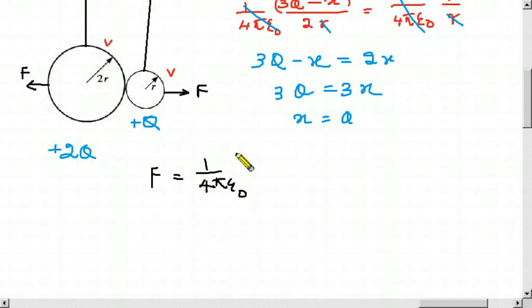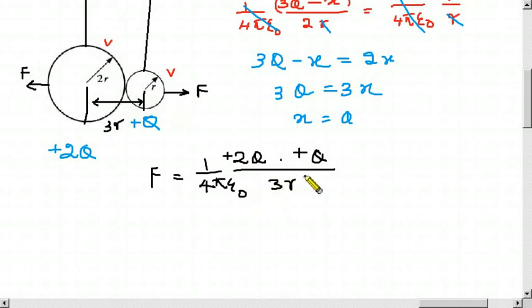Charges are positive 2q times positive q divided by the distance between two centers, what is it? 3r, 2r plus r.